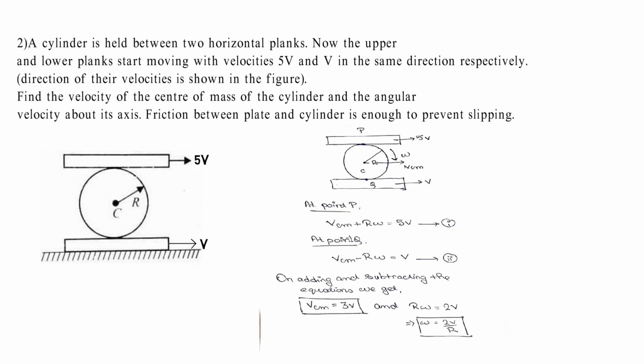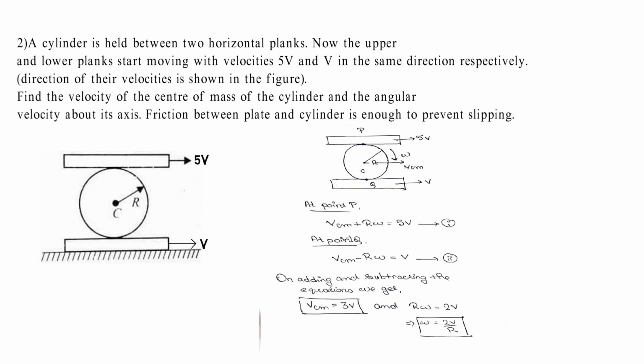So again, if we take a closer look, if we take the omega to be like this in this direction and VCM in the forward direction, and if we name the contact to the upper plank to be P and the point of contact to the lower plank to be Q, we can say for point P, as there is no relative velocity, we can simply write down that VCM plus R omega will be equal to 5v, which is the velocity given for the upper plank.